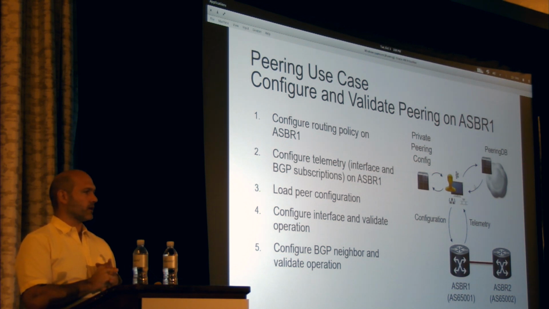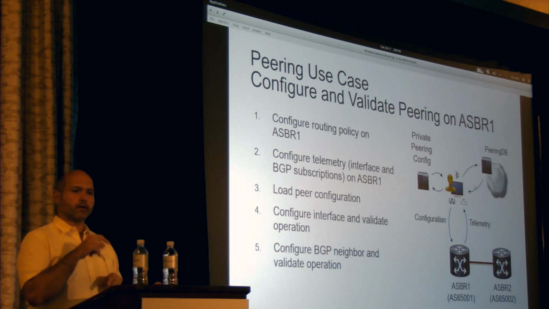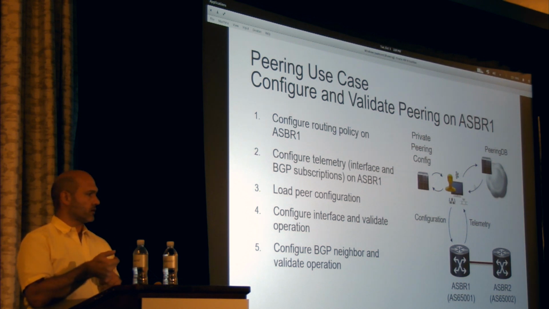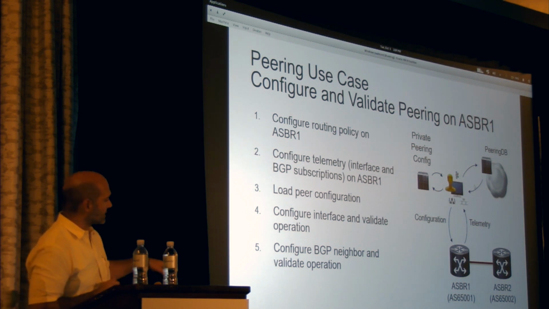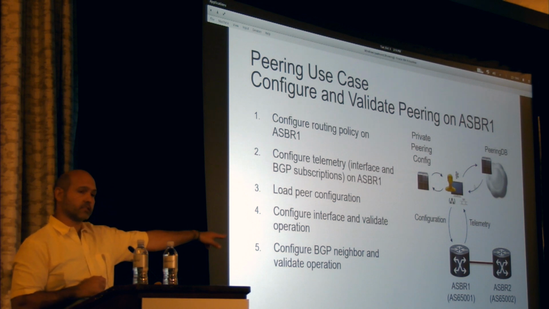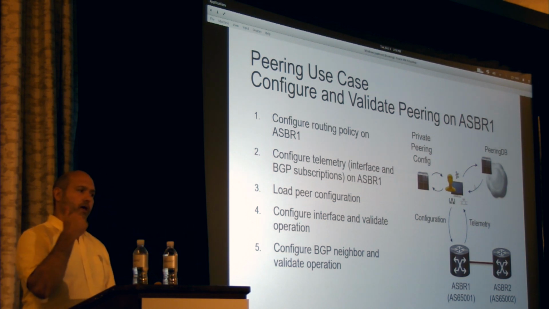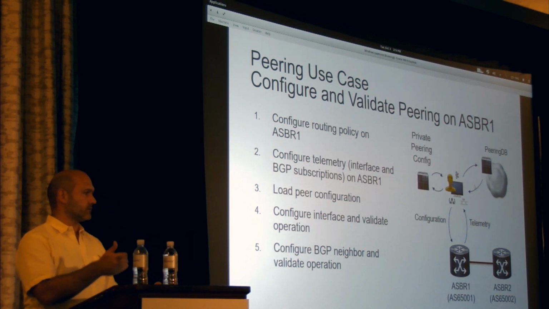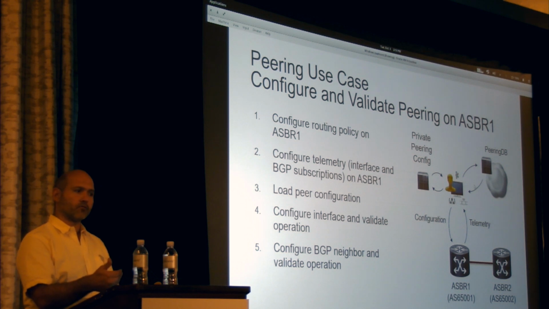So I created a set of scripts that use OpenConfig to automate this workflow, to programmatically configure the peering relationship between ASBR1 and ASBR2, and do that while the configuration operation is validated.